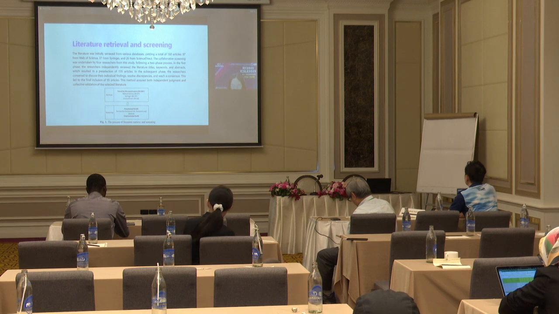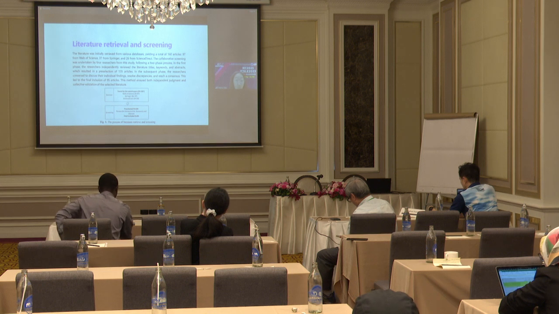In the subsequent phase, the researchers convened to discuss their individual findings, resolve discrepancies, and reach a consensus. This led to the final inclusion of 95 articles. This method ensured both independent judgment and collective validation of the selected literature.